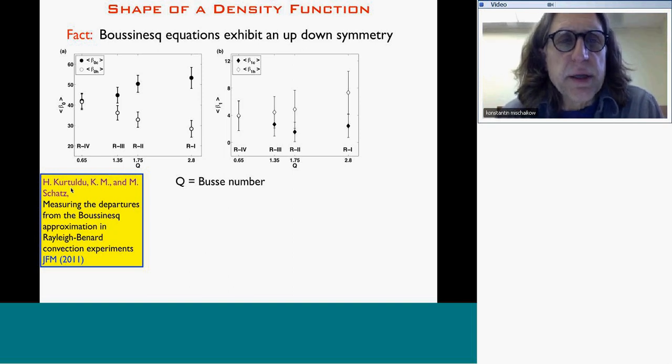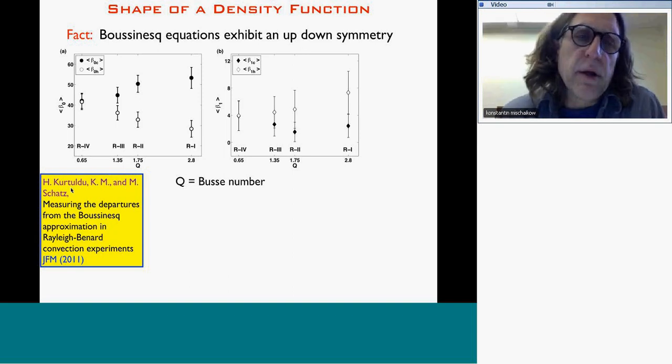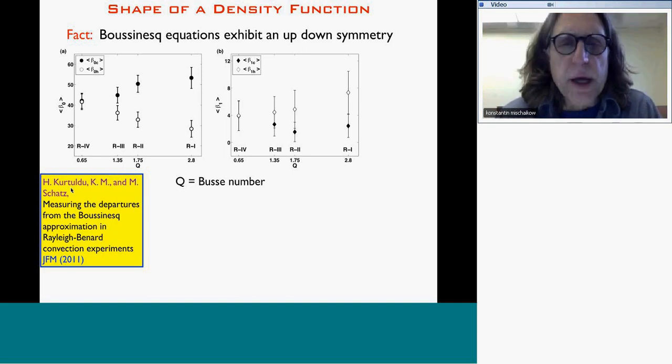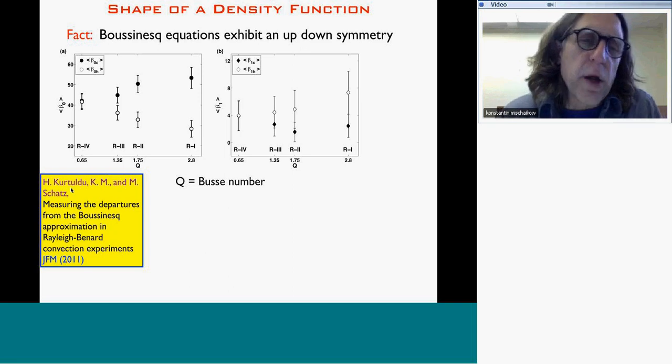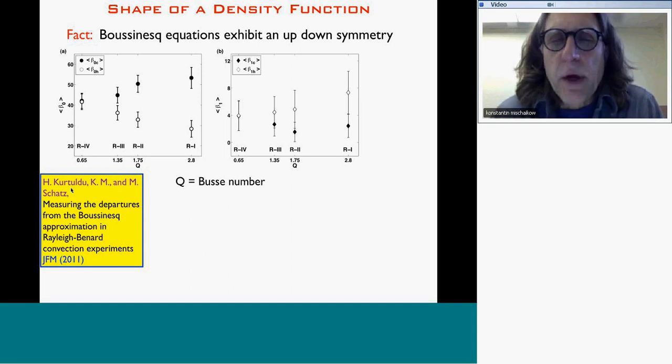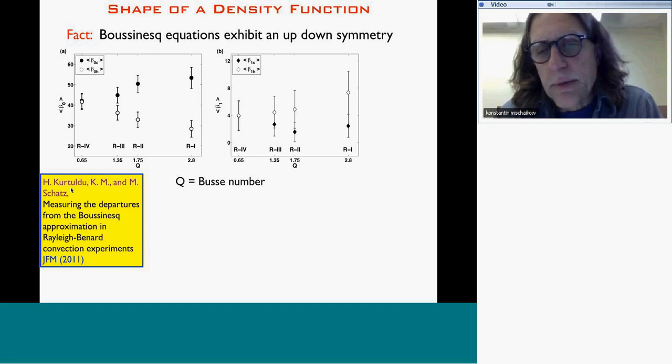What we see is that they don't agree. So this really says that there is a lack of up-down symmetry. This lack of symmetry grows as you move to the right. There's some quantity Q that's there. The Boussinesq number is basically a parameter.